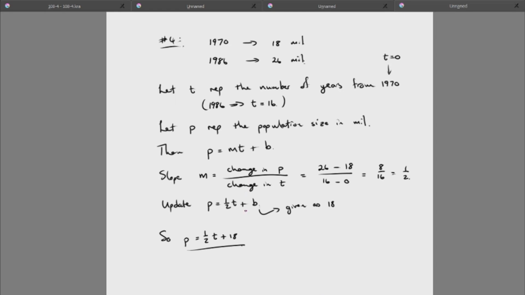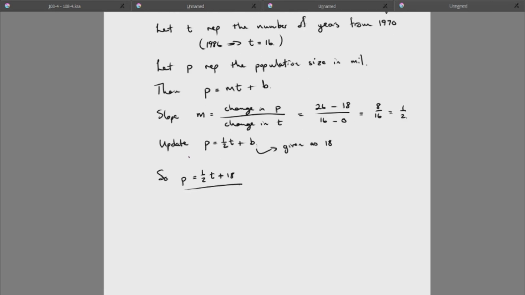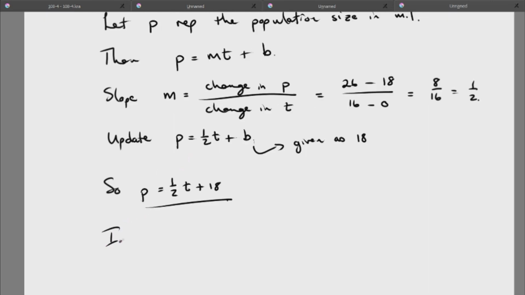So my population function is p equals 1/2 t plus 18. Then they ask, if it grows according to this function past 1986, what does this function predict the population to be in 2025? So in the year 2025, in order for me to use that, I'm not going to plug in 2025 because of my choice of what the variables mean.